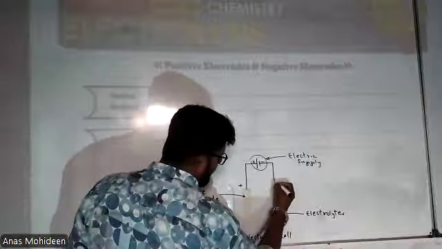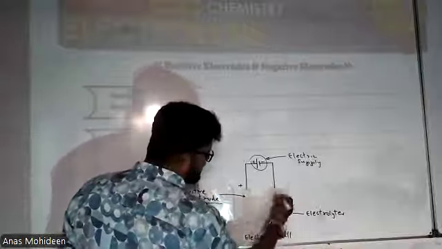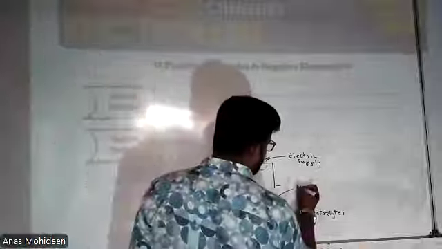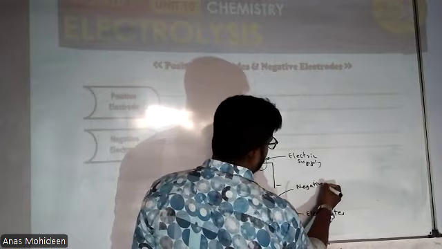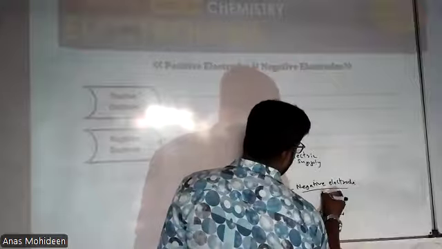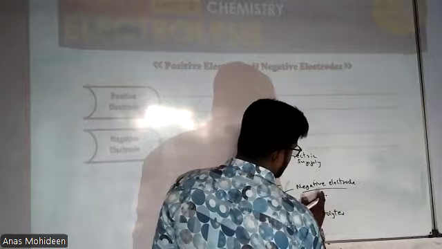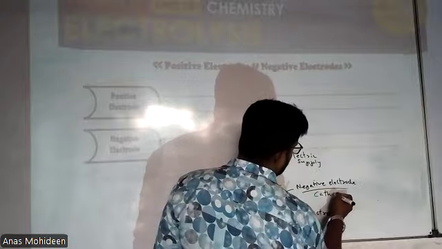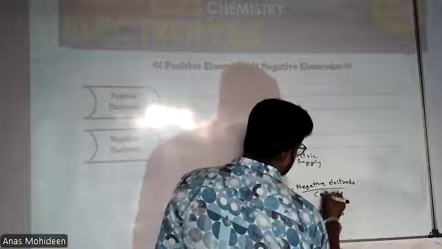In the same way, the electrode which is connected to the negative terminal of the electric supply we name as the negative electrode, or else another word we give is cathode. So anode is the positive electrode, cathode is the negative electrode.